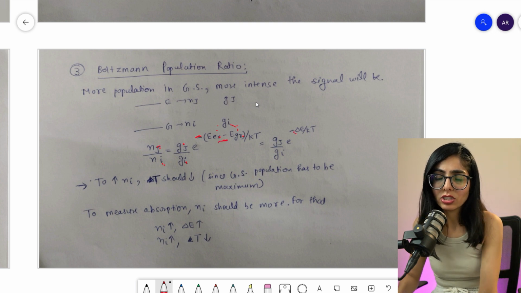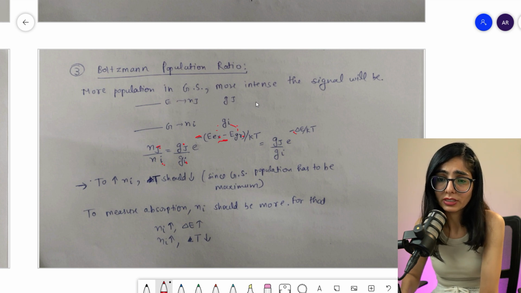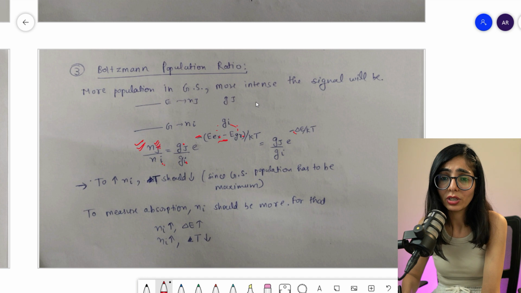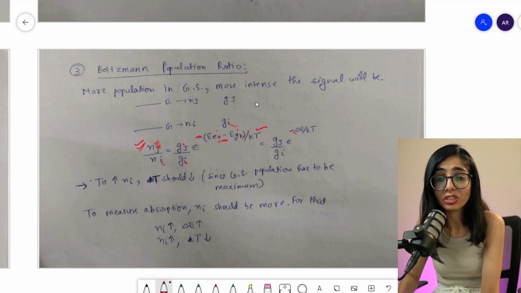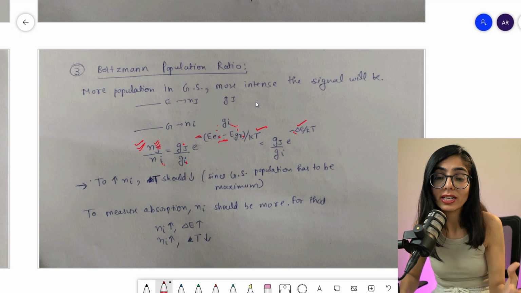So guys, we can deduce some interpretations from this formula. If you look at it, the population in the ground state has some relevance to temperature, and also to the energy difference. Let's see how they are associated.